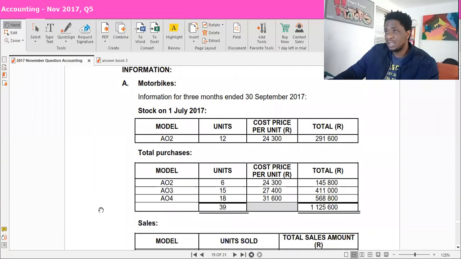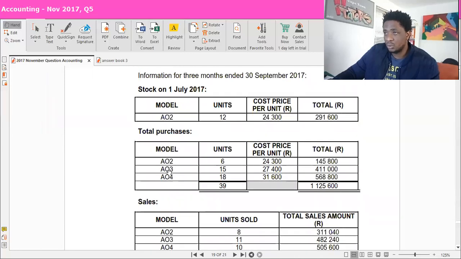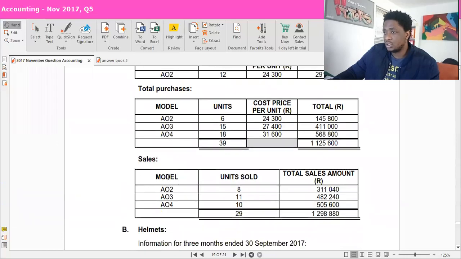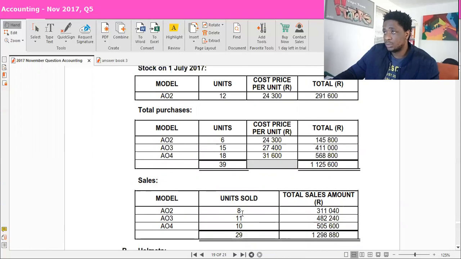And in this, they've given information in terms of the types of bikes that you have so that you can specifically identify which ones are on hand. So at the beginning of July, you had the AO2 model, and then you also bought the AO3 and AO4 and added them into stock. And then those are the units that were sold.